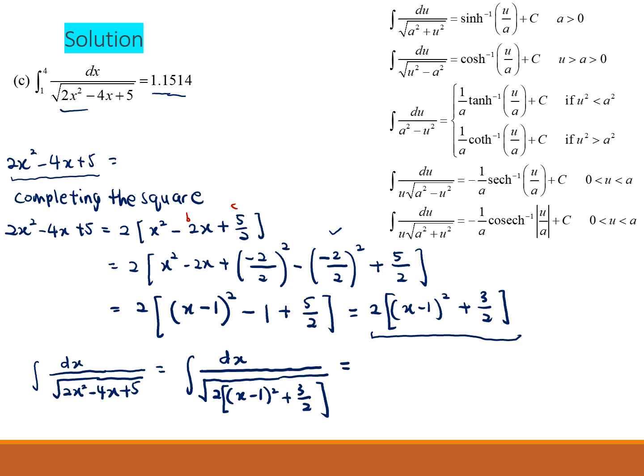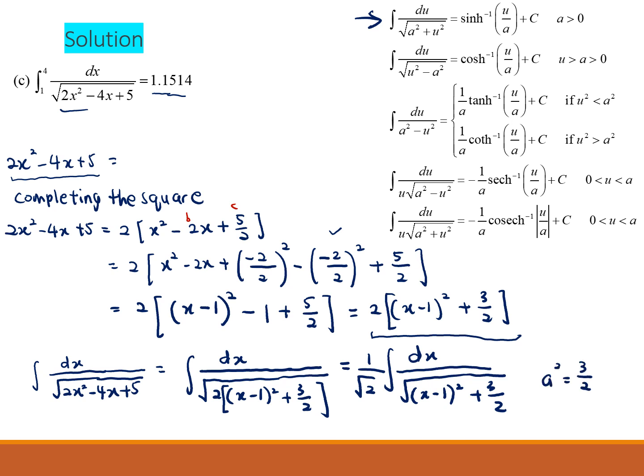Then we simplify this, where we take the square root of 2 outside. Then the remaining is x minus 1 squared plus 3 over 2. Now we have the form of this, where our a squared is equal to 3 over 2.